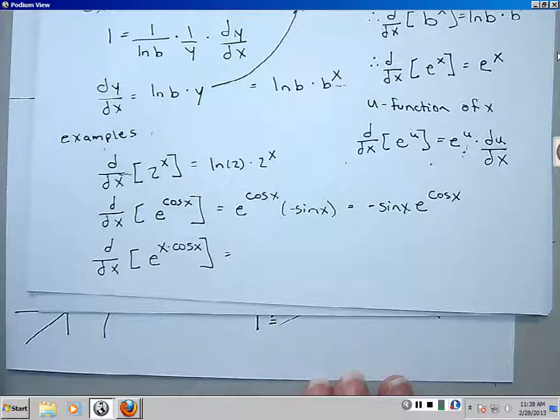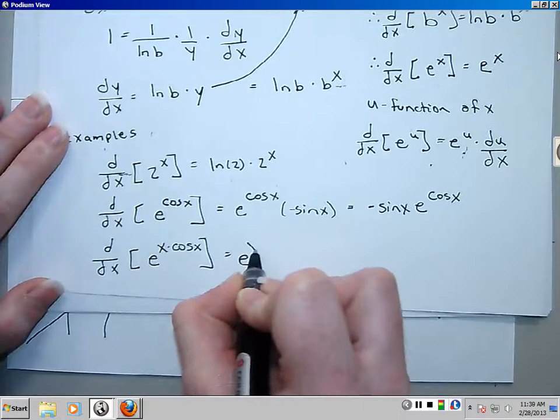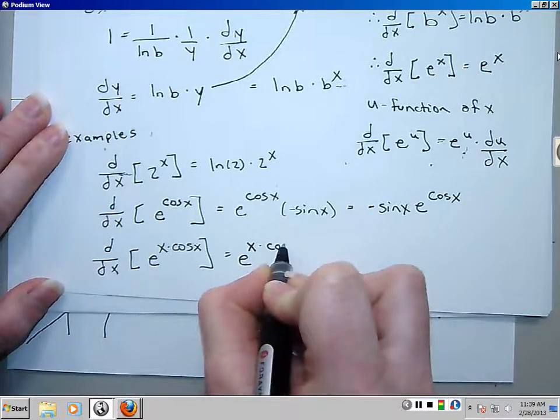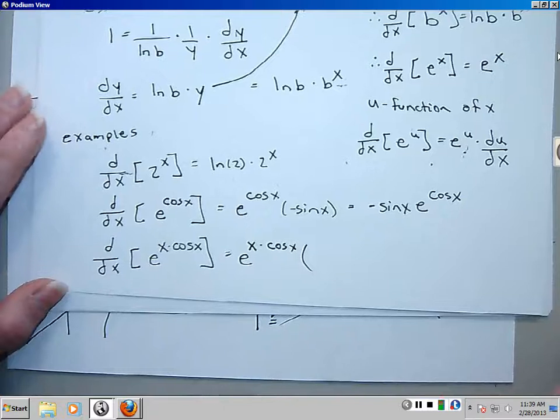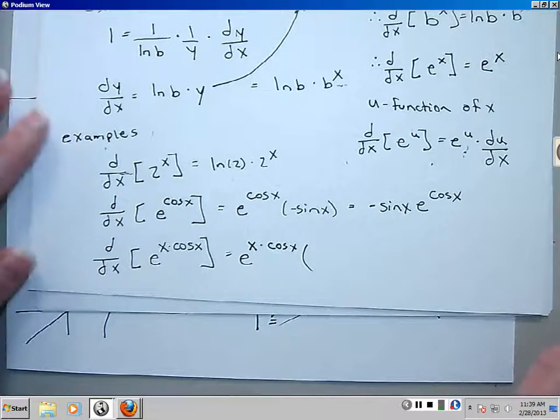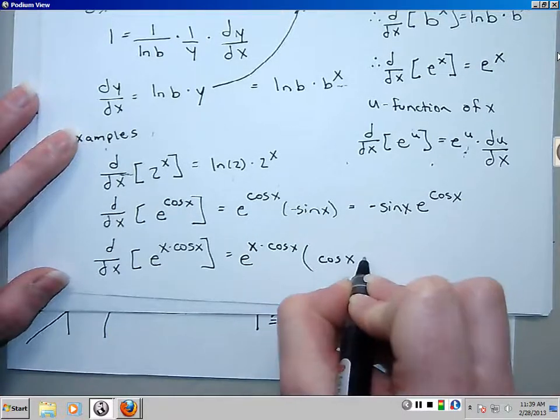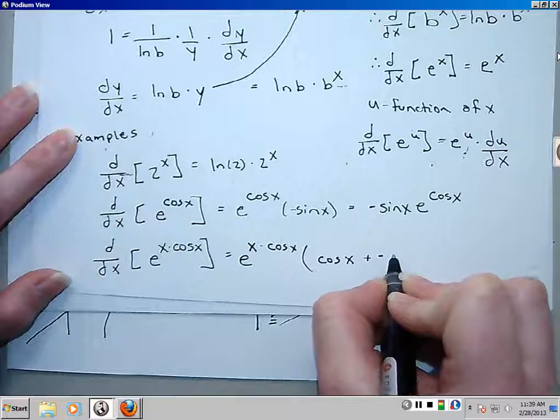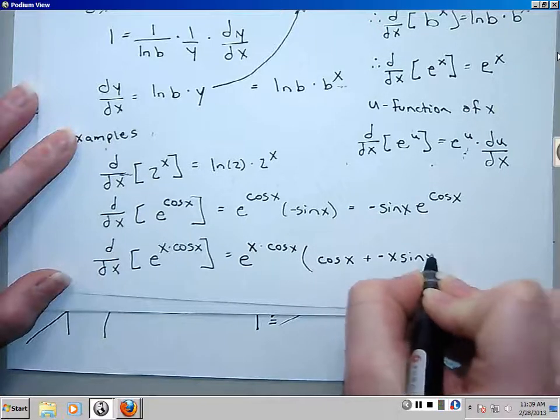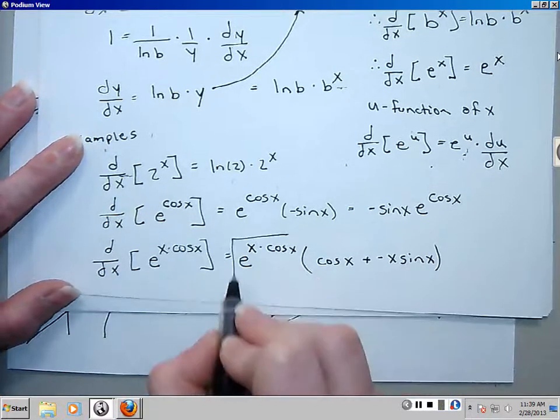So what is going to be the derivative of e to the x times cosine x? Very good. e to the x cosine of x, right? That doesn't change. Times the derivative of the inside, which would be cosine of x plus minus x sine of x. So this would be the whole answer.